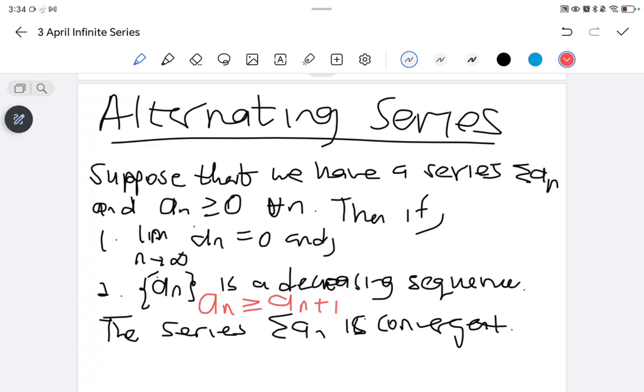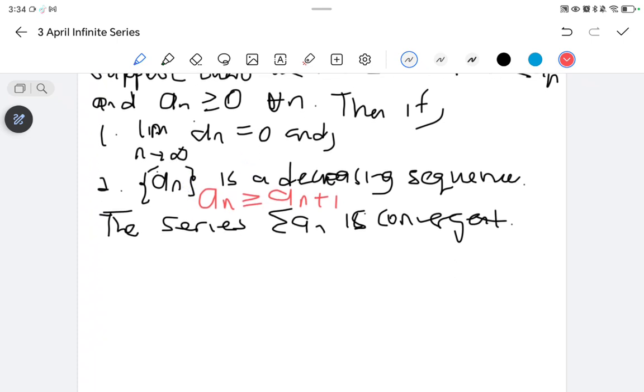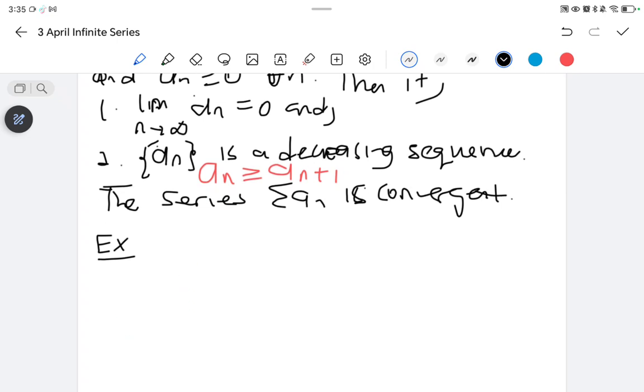You see, right? So that's what we mean when we say it's decreasing. If we have enough time, we can do proofs for these, right? But if they haven't taught you that proof in class, you can tell me after this class, please. You can send in the group which proofs you have done in class so that we can focus on them.